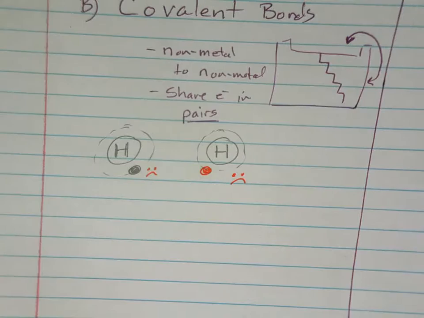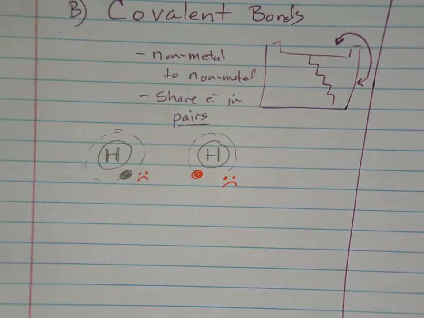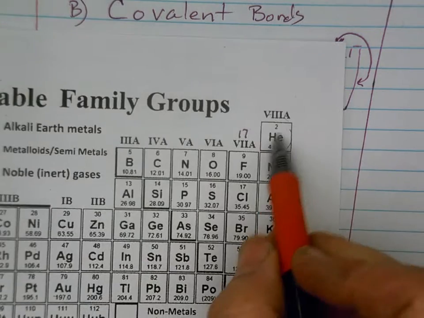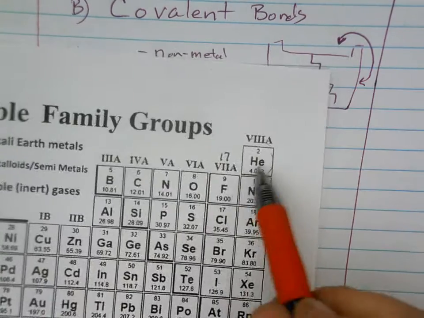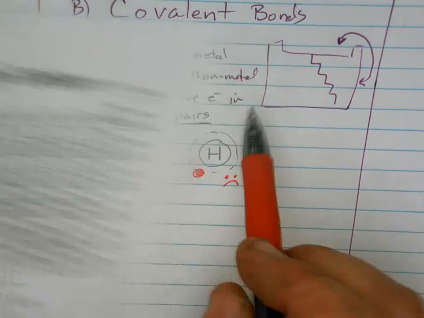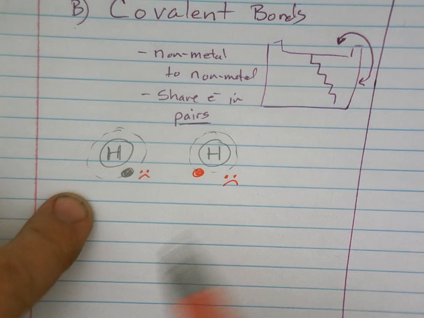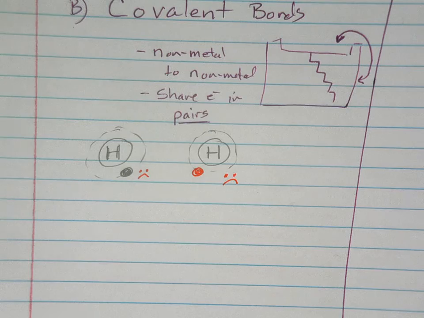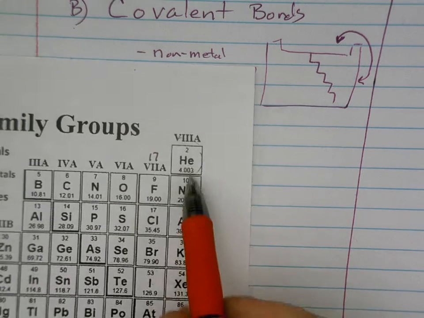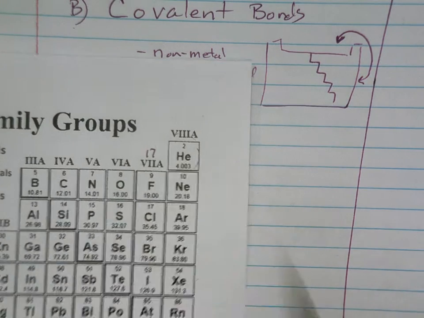They want to have a full outer shell of electrons. Now, we call that the octet rule. They want to have 8 electrons. There are a few exceptions. Helium, hydrogen, these elements are so small, they only need 2 electrons. So hydrogen wants to have 2 electrons to have its first shell totally full, but it's not, and it's got to live with disappointment. Helium is laughing like crazy. It's got its 2 electrons in there, and it's really having fun.